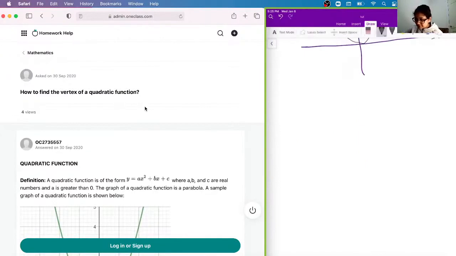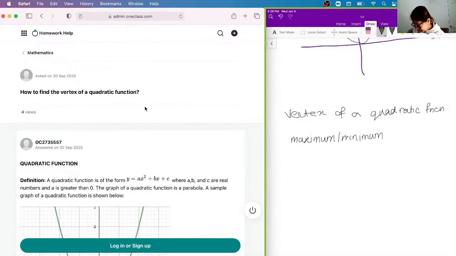The vertex is basically the maximum slash minimum point in the parabola.